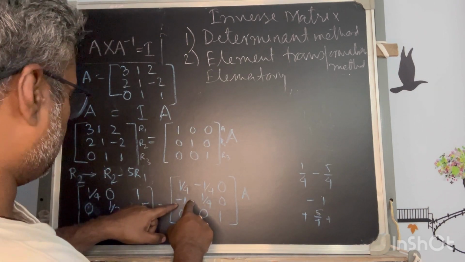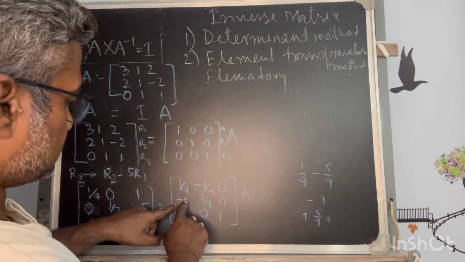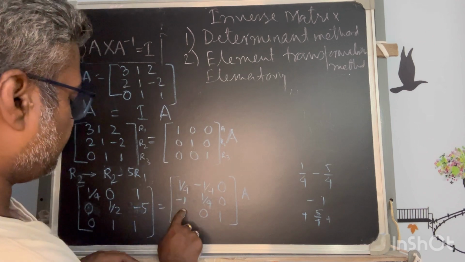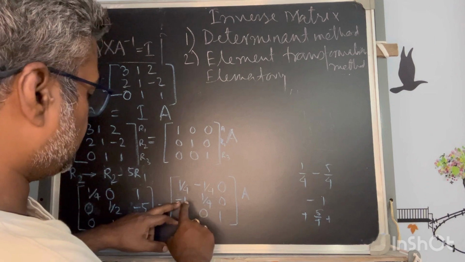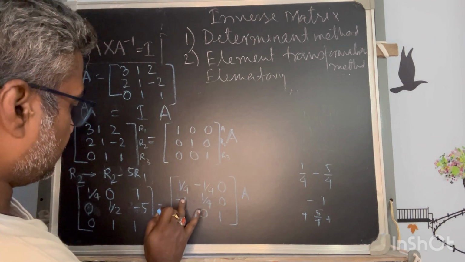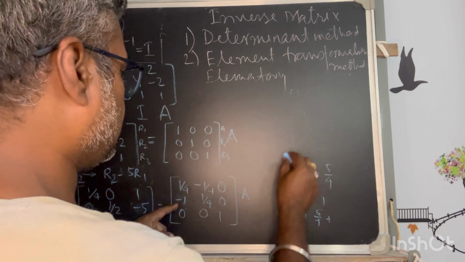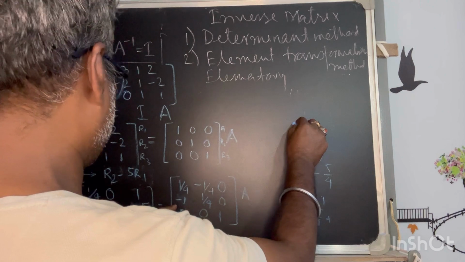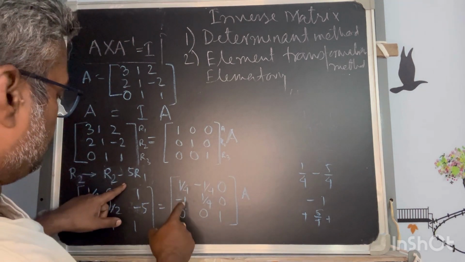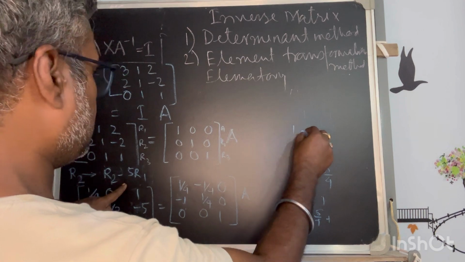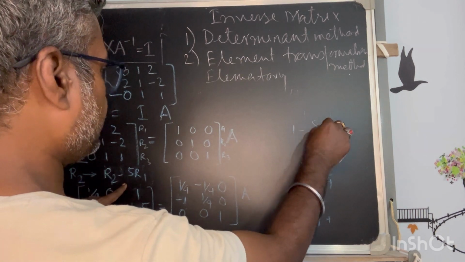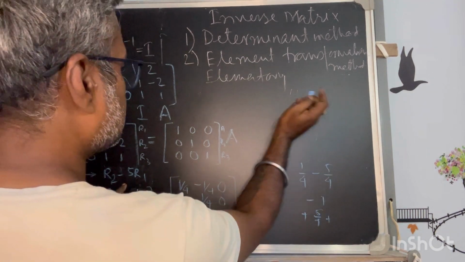The same thing I did here, no? This was earlier minus 1, what I did, R2 was 1 minus 5 by 4 that I deducted. Yes, that was right.